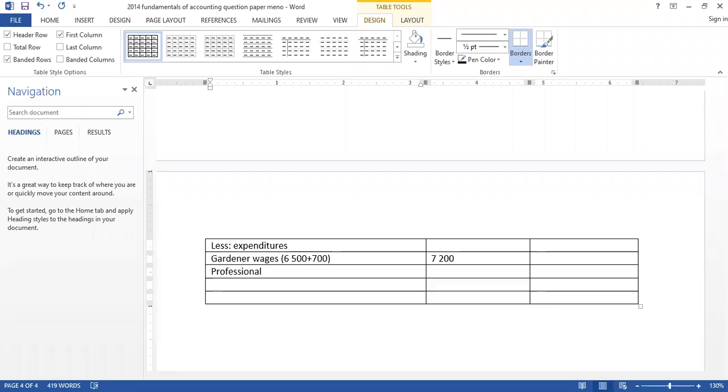So we have the professional soccer salary. Now we check, do we have any additional information that affects that? We do not, so we record it as it is.